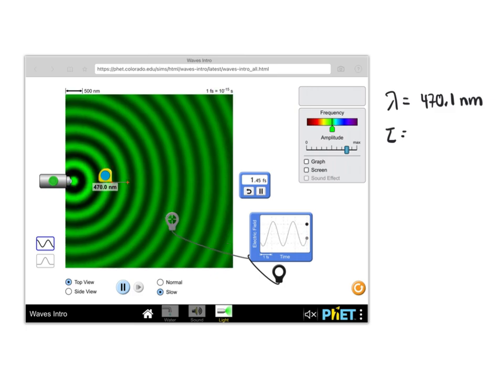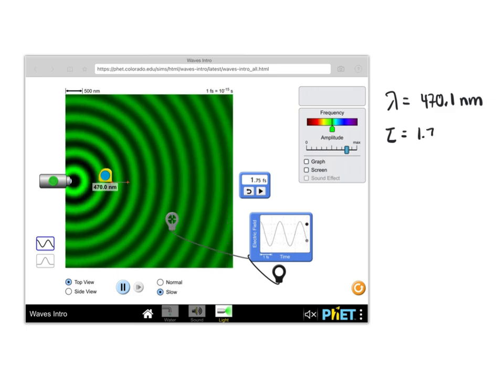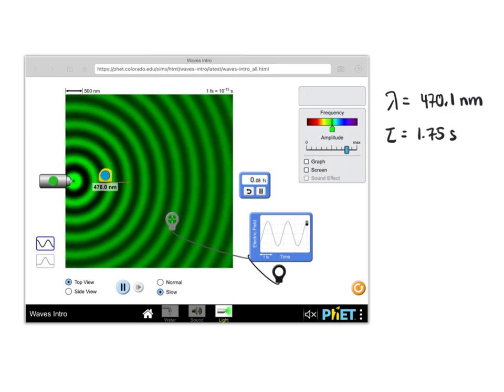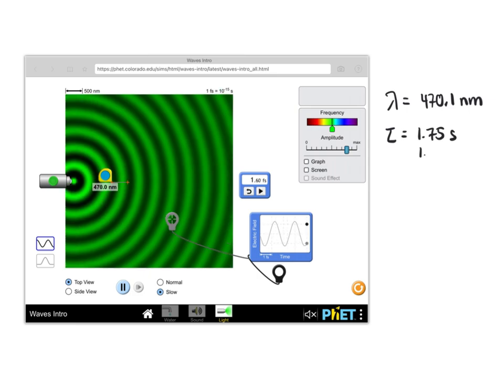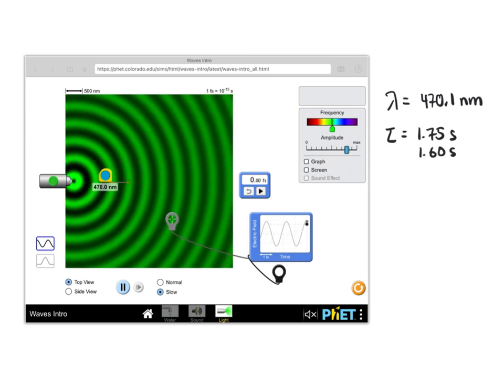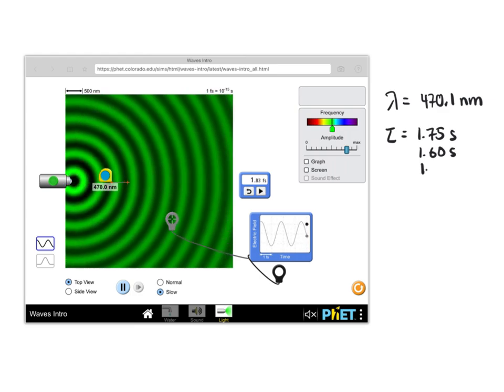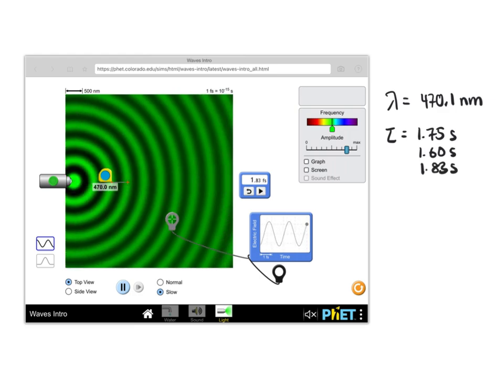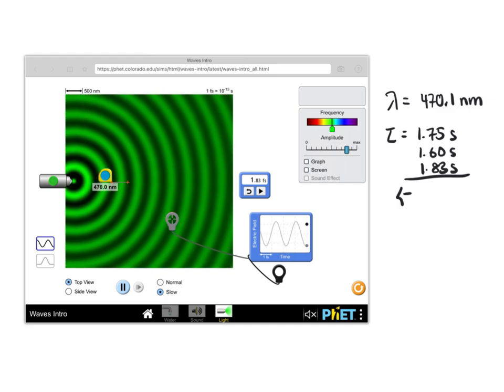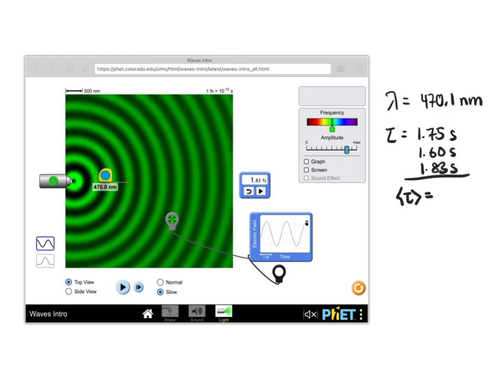Okay, let's take a couple of measurements here. Start, stop, 1.75. Let's try that again. Start, stop, 1.6. Start, stop, 1.83. Okay, so let's do some averaging and get a value. When I add up those values and divide by 3 to get the average, I get 1.73 seconds.